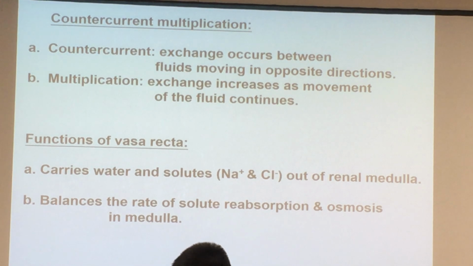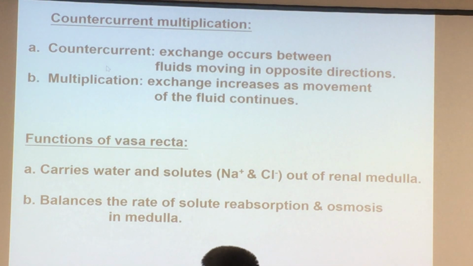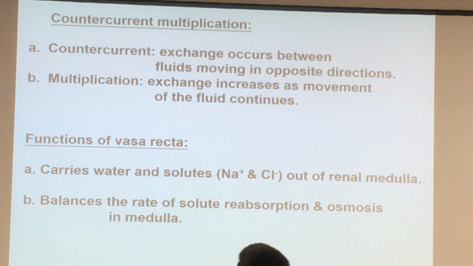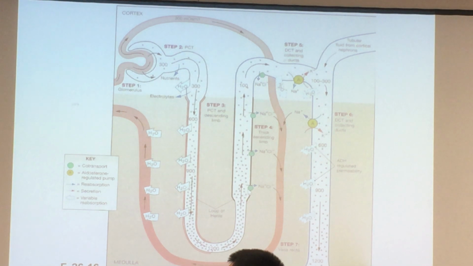Now the other very important term for the urinary system is countercurrent multiplication. Countercurrent means the fluid flows in opposite directions. Multiplication means increasing the function to remove the ions. I like this figure from the textbook.